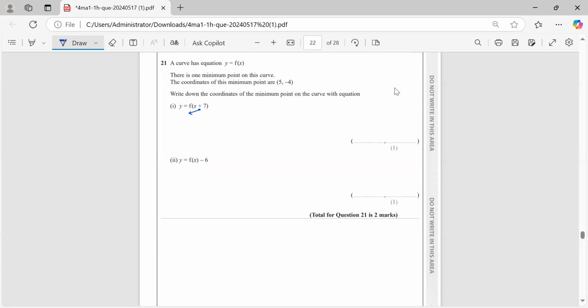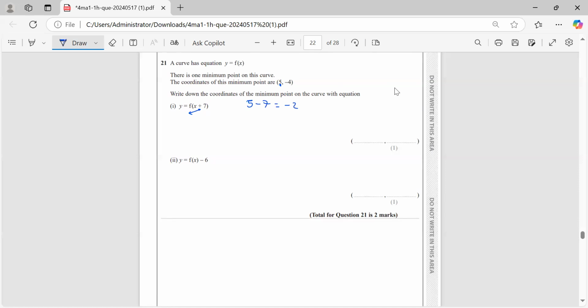So on the coordinates of the minimum point, you look at the value of x. The value of x is actually 5. So you're going to subtract 7 from the value of x, right? 5 minus 7, you're going to get -2. So your x value is now -2.